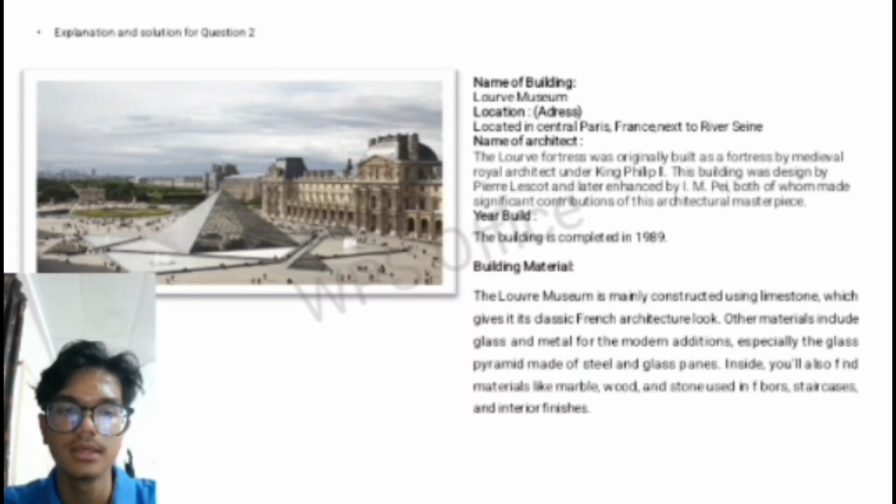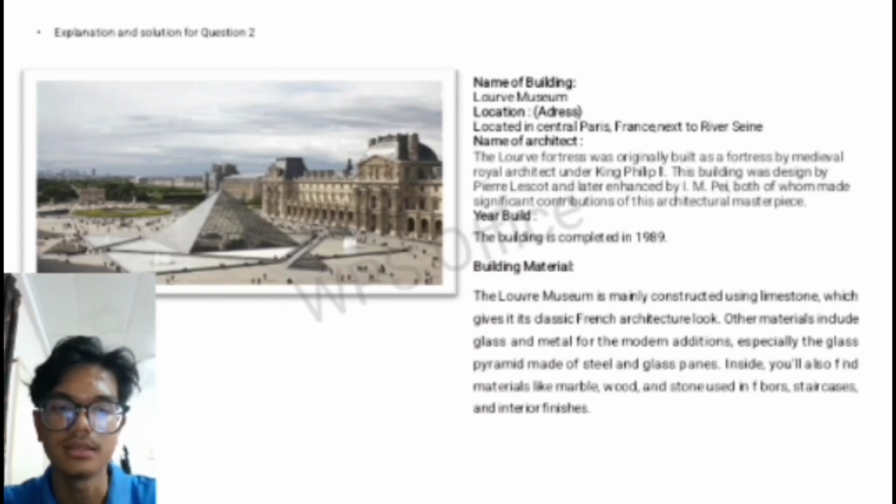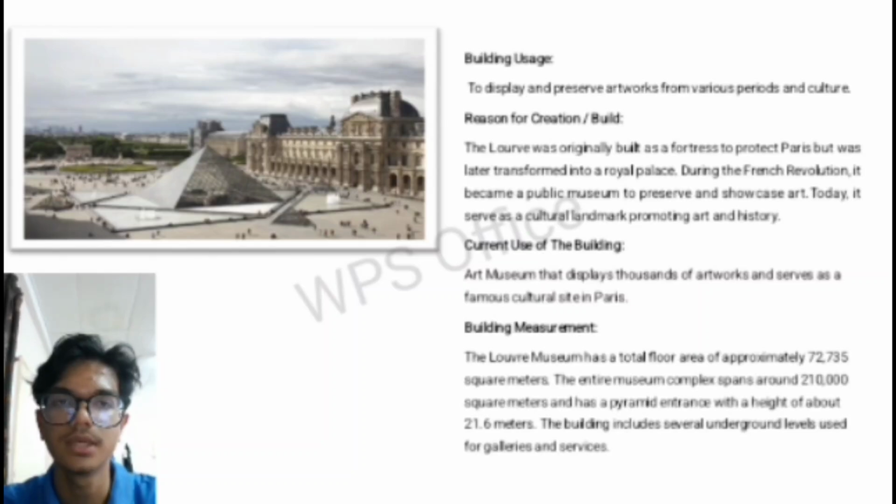The building was completed in 1989. The Louvre was first built to protect Paris, but during the French Revolution, it was transformed into a public museum. Today, it serves as one of the largest and most famous art museums in the world, displaying thousands of artworks including the Mona Lisa.